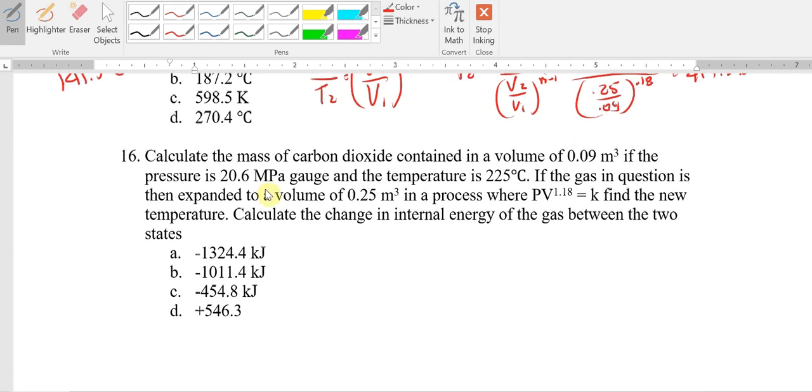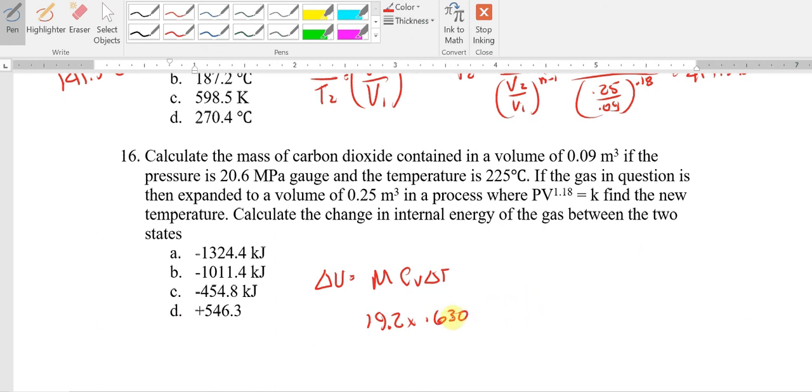We can do it either way down here, because now we want delta U, and delta U equals m C_V delta T. Delta U is 19.2 times 0.630.